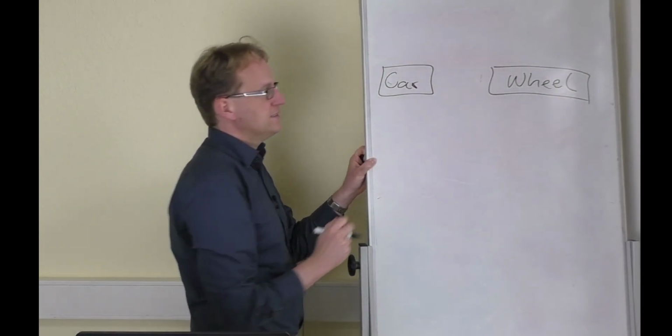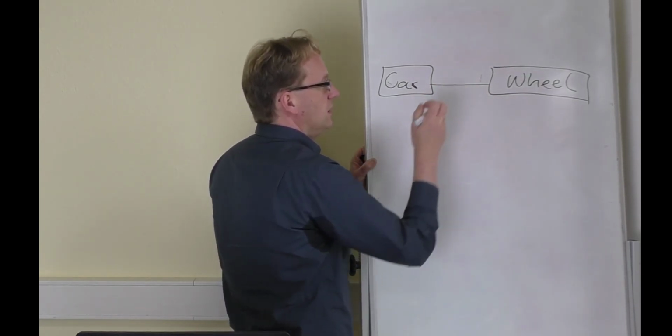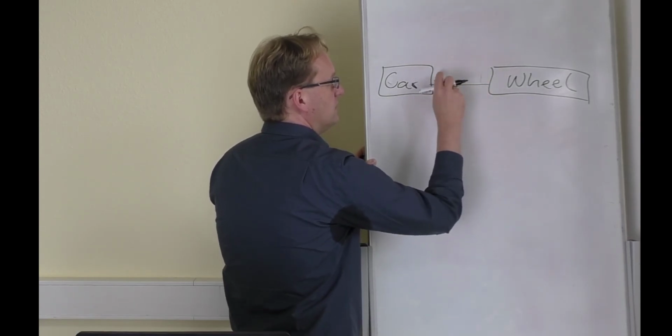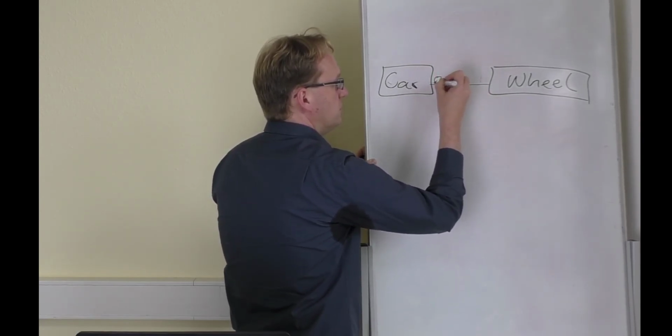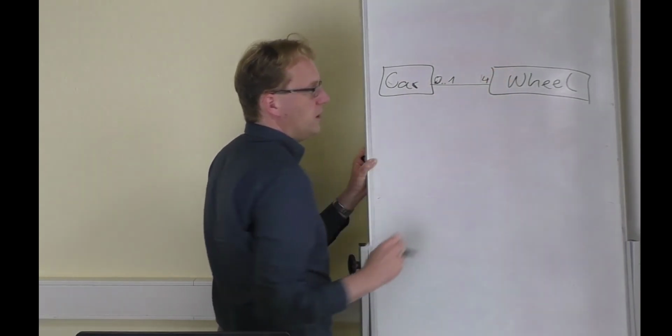Those are my 2 classes, and now I can use this association here, saying, okay, we have 1 here, or let's say we had 0..1 here, and here we have precisely 4.